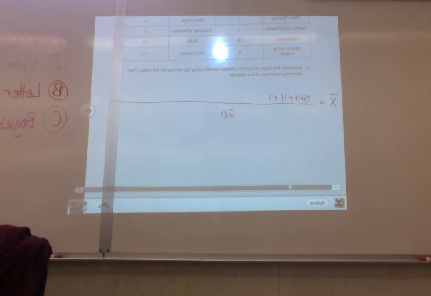Notice on the bottom I put a 20. How did I get that 20? There's 20 if you count up the numbers. Now, go ahead and find the answer, please. So you gotta go 13 plus 15, 21 plus how many?